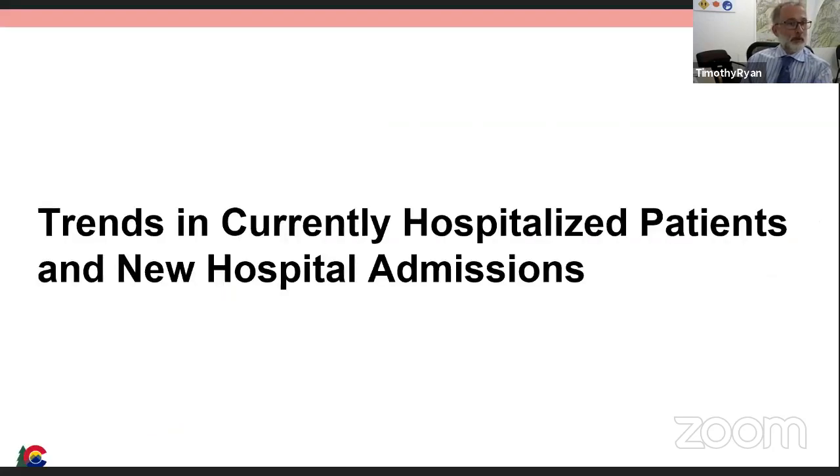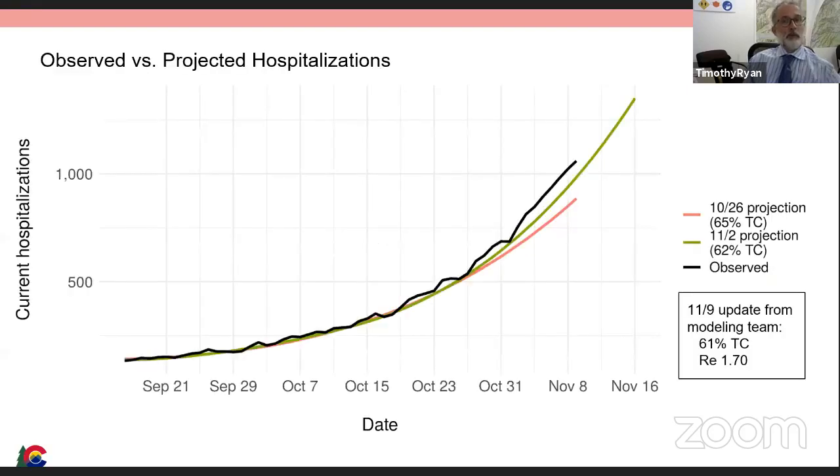So currently in hospitalized patients and new hospital admissions, what we're seeing across the state is this very troubling and very telling slide. As I said, hospitalizations are on a several-week lag from new case rates. So what this slide is showing is the black line is what we're actually observing today.